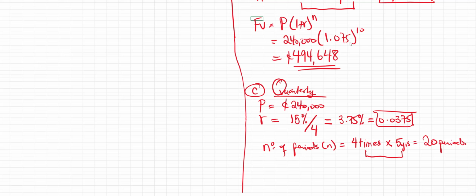So now, if we put 240,000 in 1.0375 raised to the power 20 periods, how much are we getting? $501,156.